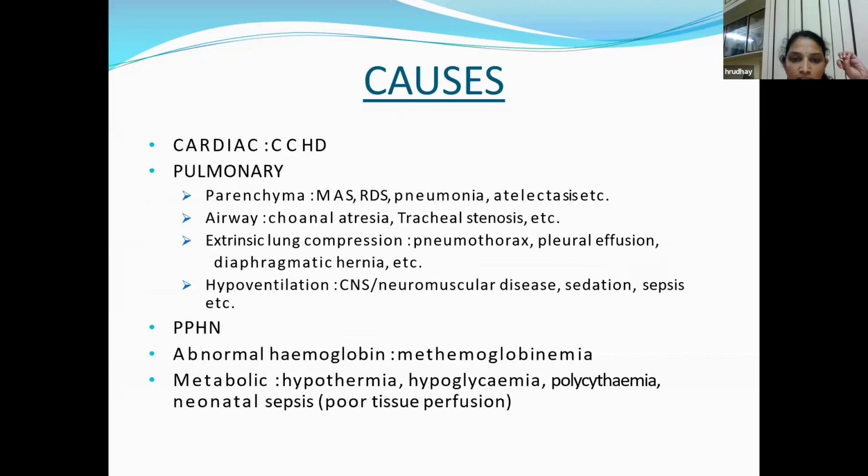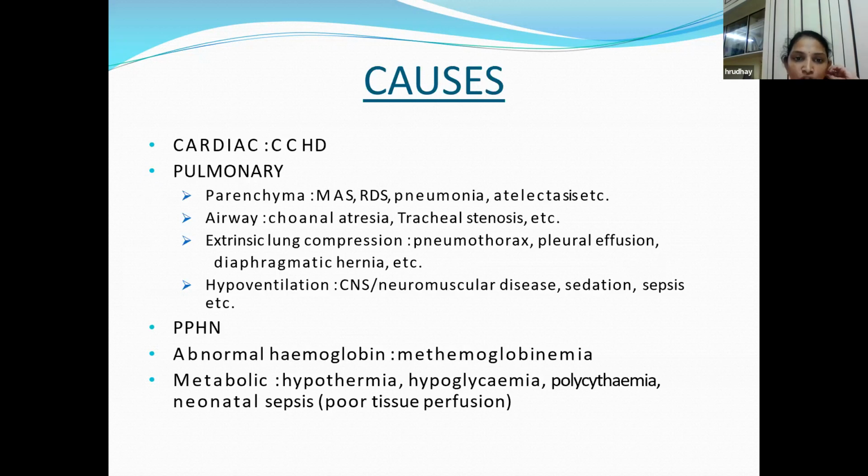The most common causes of central cyanosis are mainly cardiac or pulmonary causes. Cardiac, yes, it is congenital heart disease in a newborn. Next, pulmonary. Pulmonary pathology is divided into 4 types: parenchyma, airway, extrinsic lung compression, and hypoventilation.